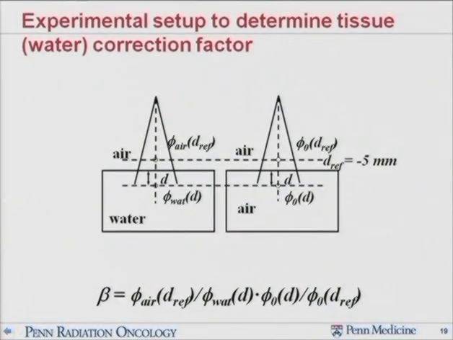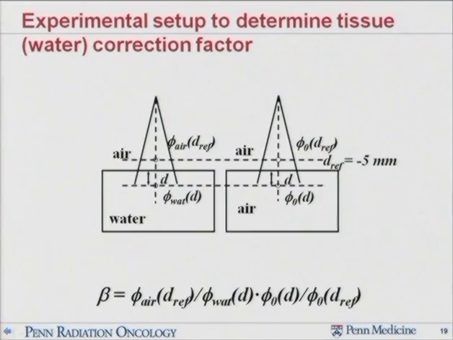So the beta factor, the water correction factor, is quite easy to measure. One basically makes a measurement in air and in water, and water is a typical choice because it's tissue-like. The index of refraction is close to tissue, and the measurement can be done. For example, in the reference condition, you put the detector in a place where there's air, and at another place there is air too. These two measurements will give you slightly different readings because of the divergence of the beam, the inverse square law.